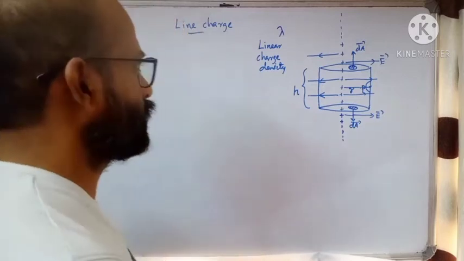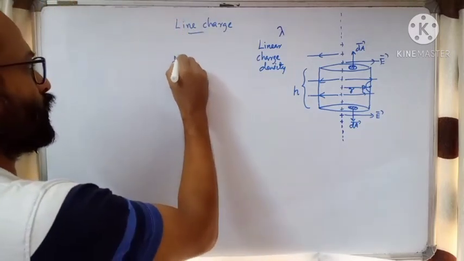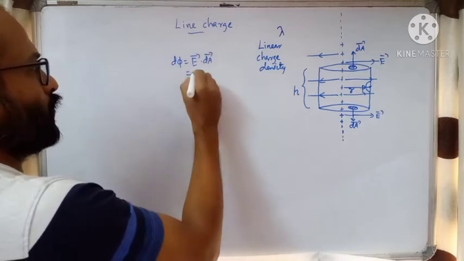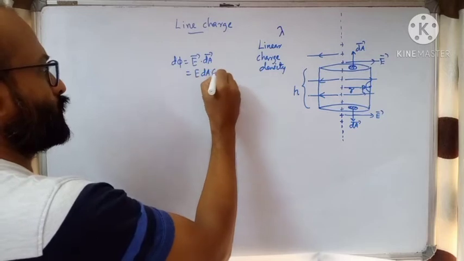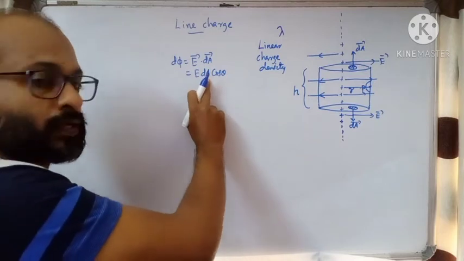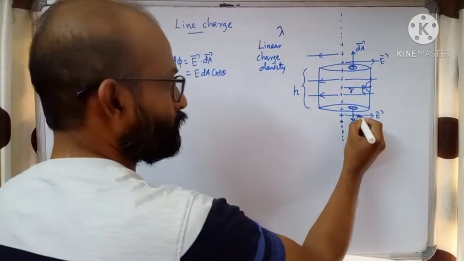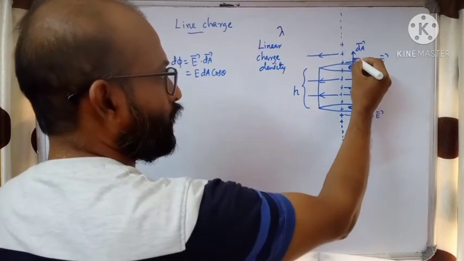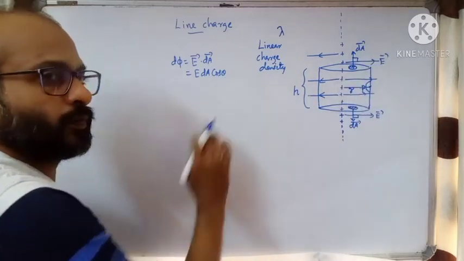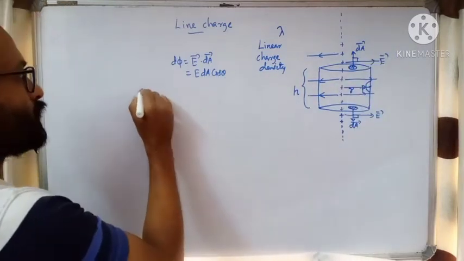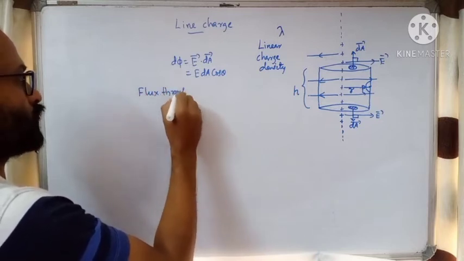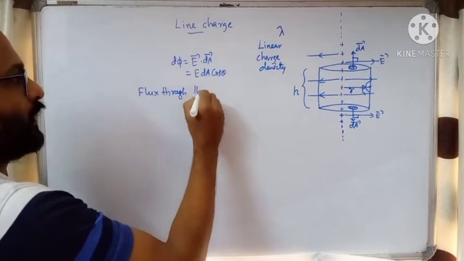How will you find flux? We have the equation of small flux, d phi equals E dot dA, that's equal to E dA cos theta. Theta is the angle between the direction of electric field and the direction of area vector. But here we have 90 degrees, and cos 90 is 0. So the flux through the flat faces of the cylinder is 0.